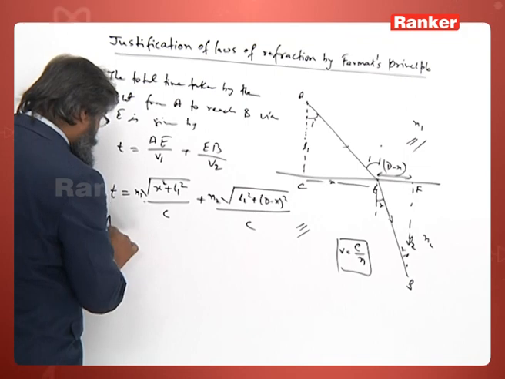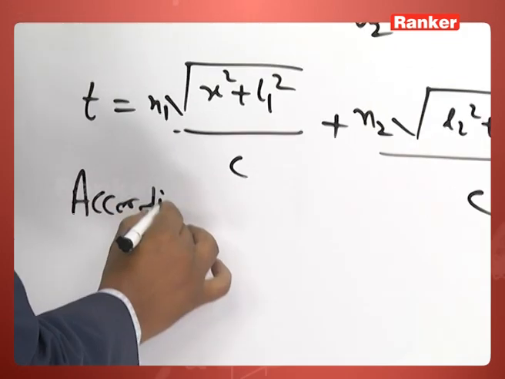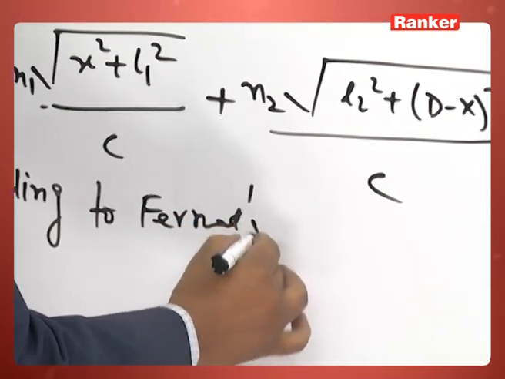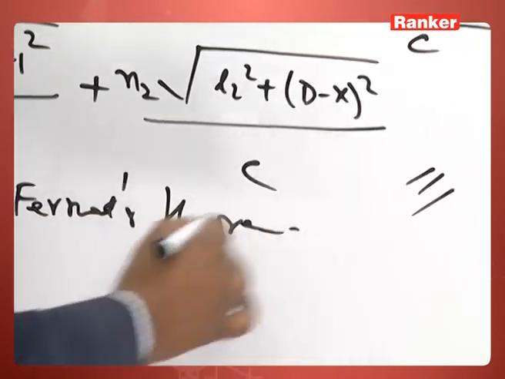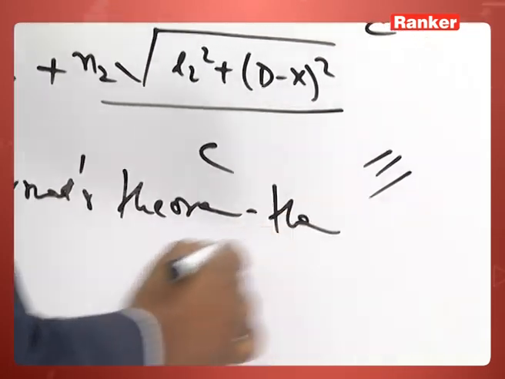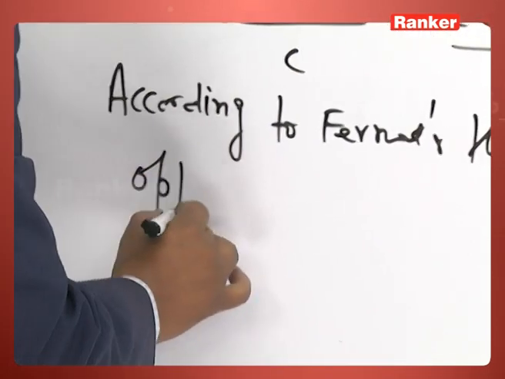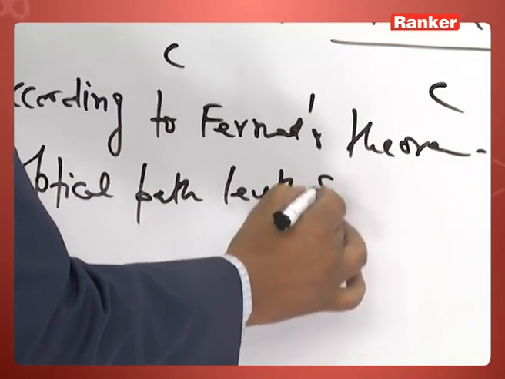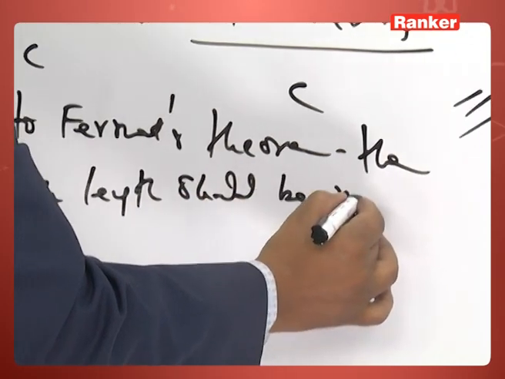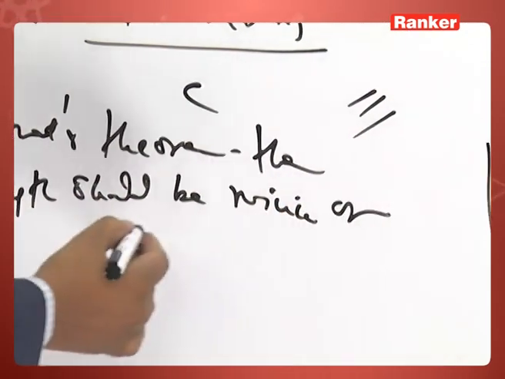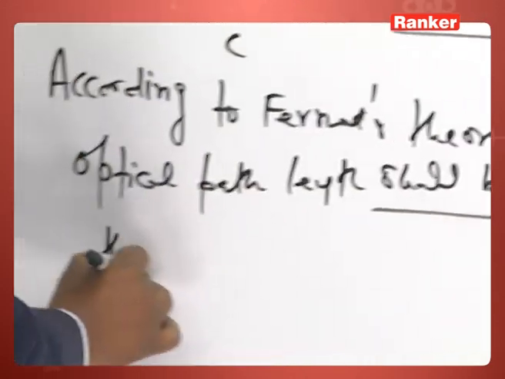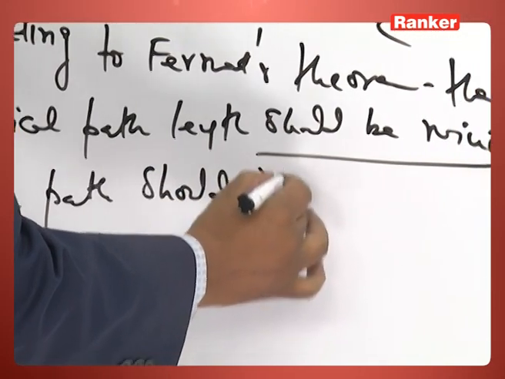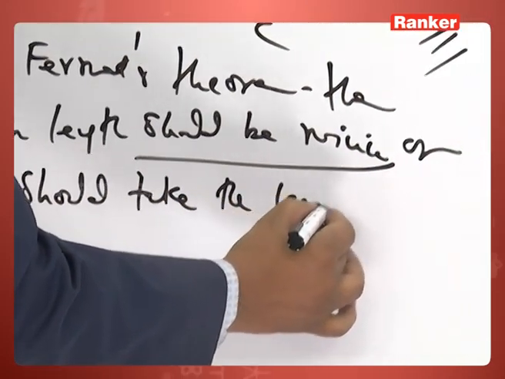According to Fermat's theorem, the optical path length should be minimum, or the path should take the least time.